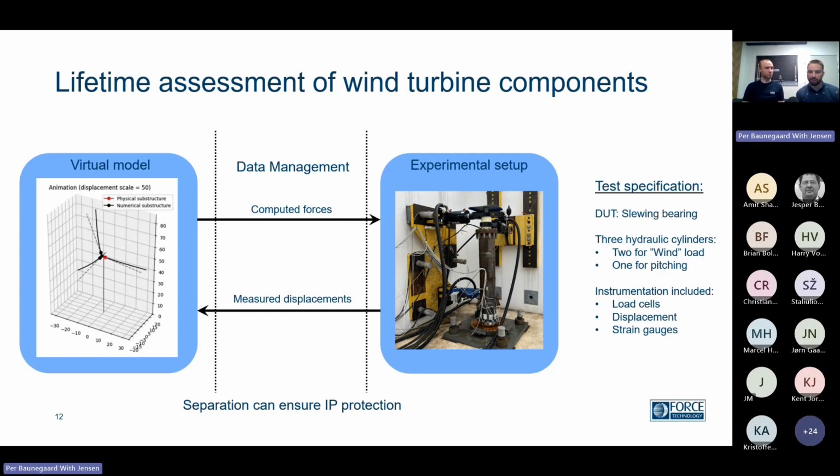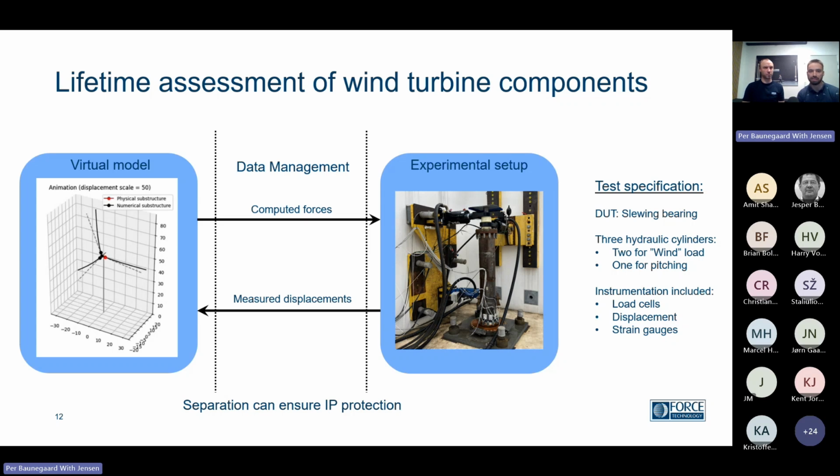Other than that, for this to work, you of course need a data management system in the background, which is capable of sending this information back and forth between these two setups. In doing so, we actually managed to build a system that, as a little side note, is able to separate our IP as well.